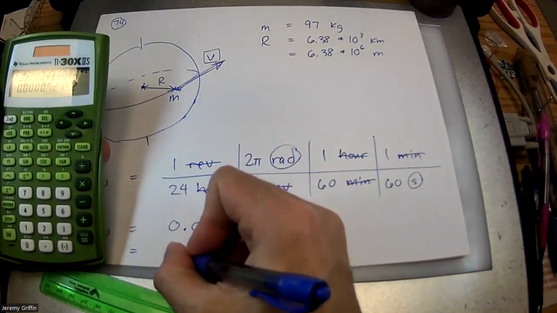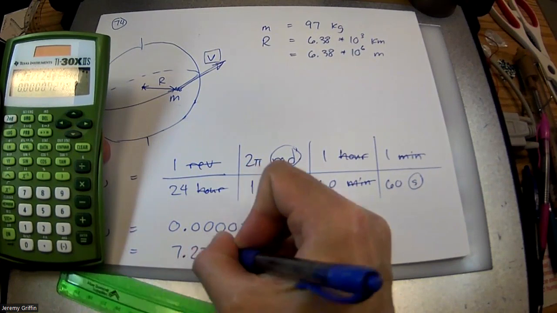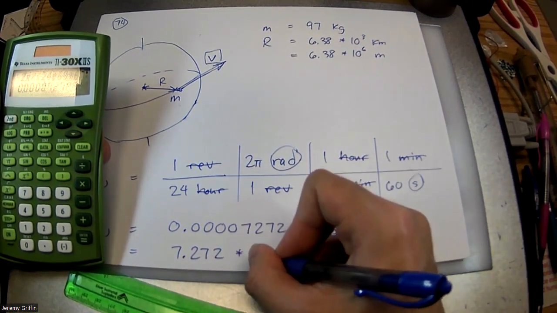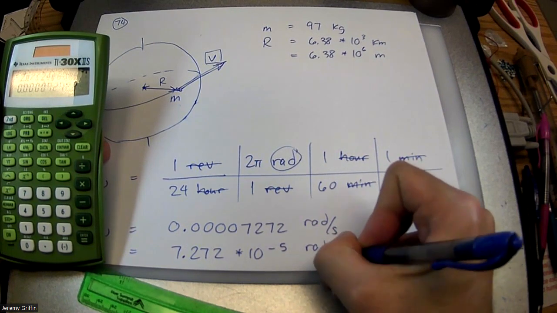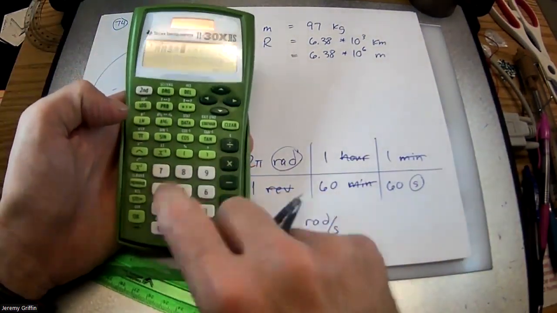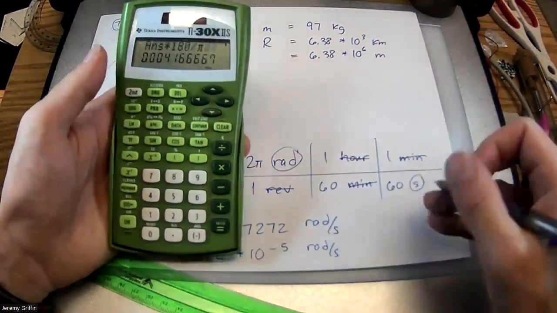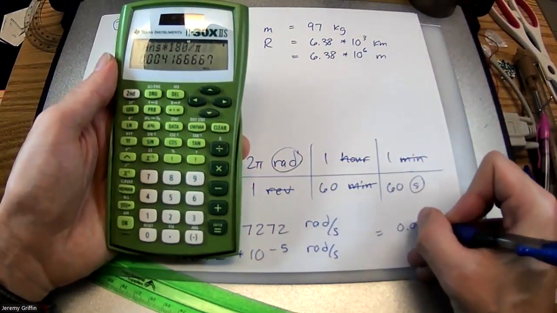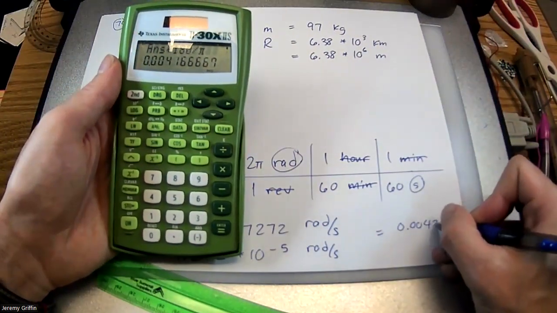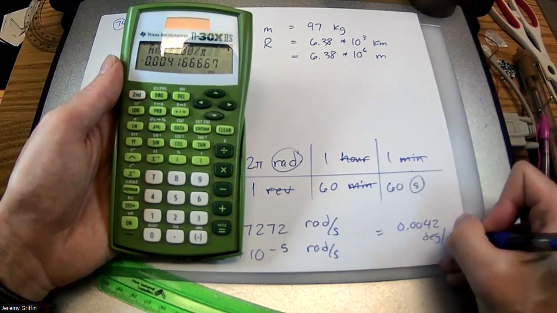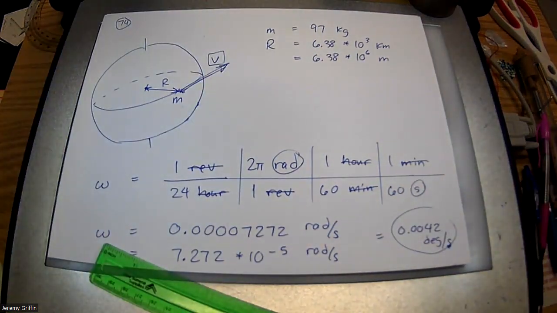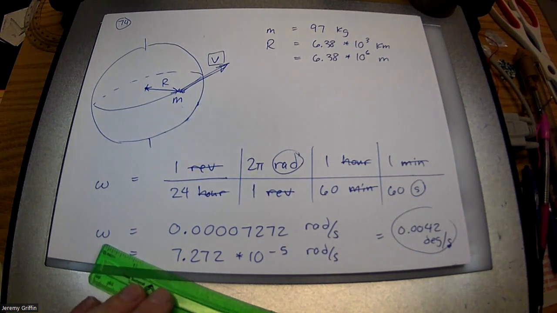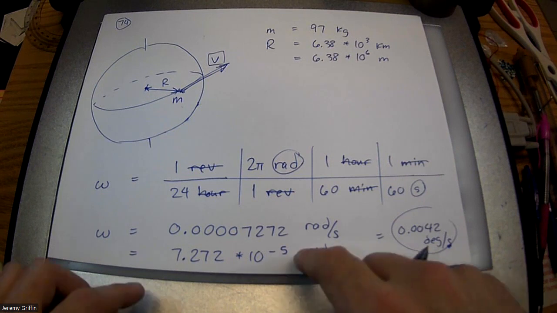Or if you like, 7.272 times 10 to the negative 5 radians per second. Or if you like, times 180 over pi, that's the same thing as 0.0042 degrees per second, which we're definitely not going to use, but just an interesting idea. A tiny sliver of a degree every second, but it takes 1 day to turn around once.